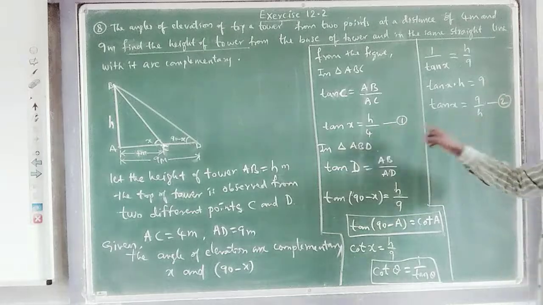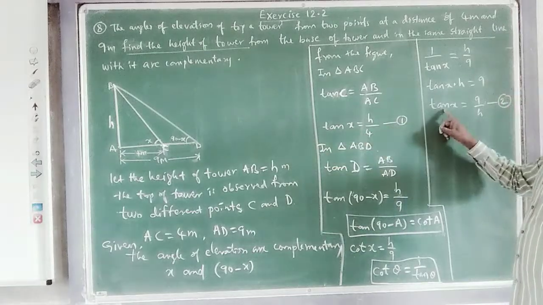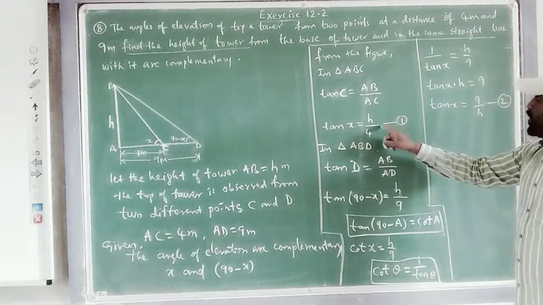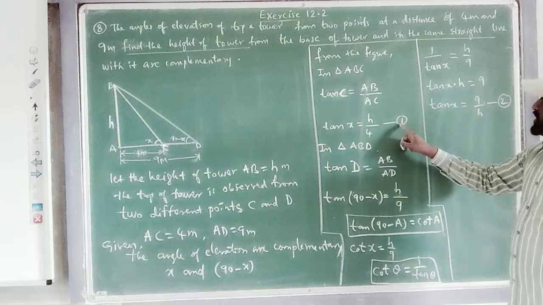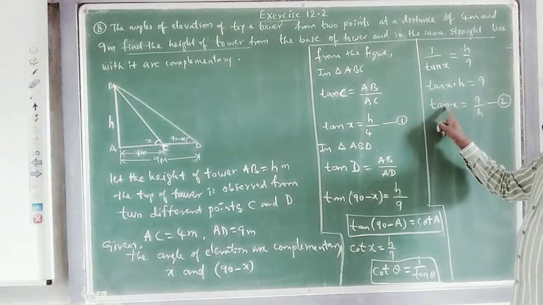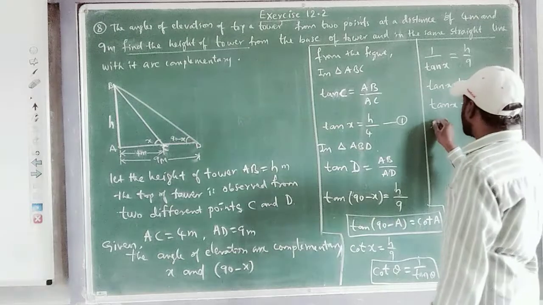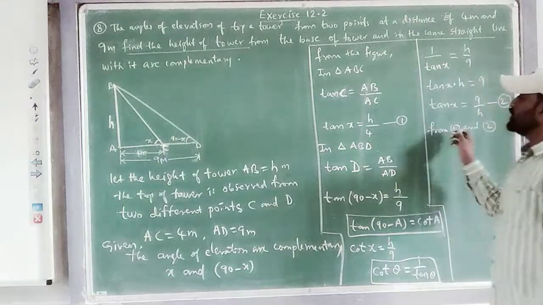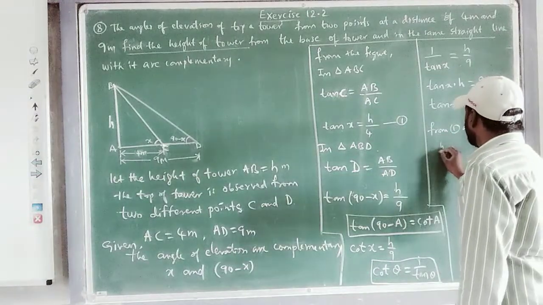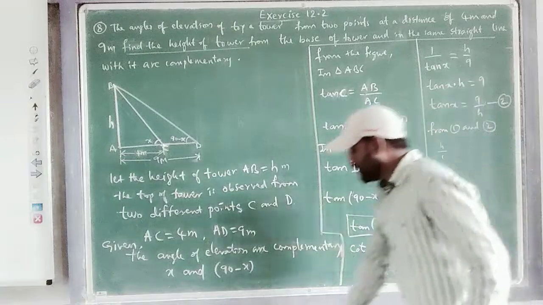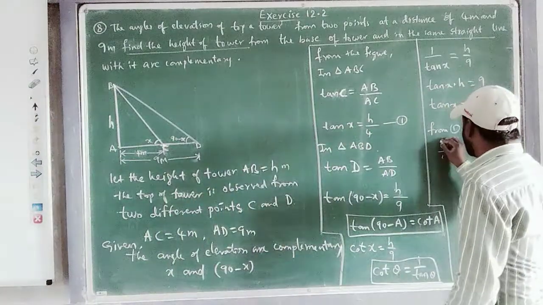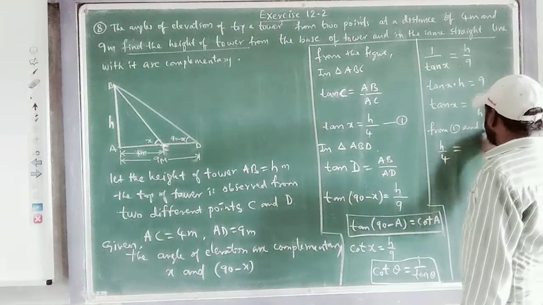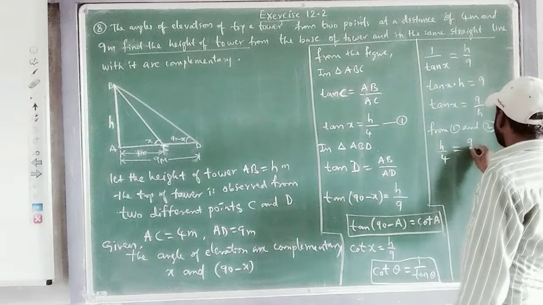Now see, from equations 1 and 2, the left side is tan x in both. So the left sides are equal, and the right sides are also equal. Here tan x is equal to h by 4, and here tan x is equal to 9 by h. So h by 4 is equal to 9 by h.